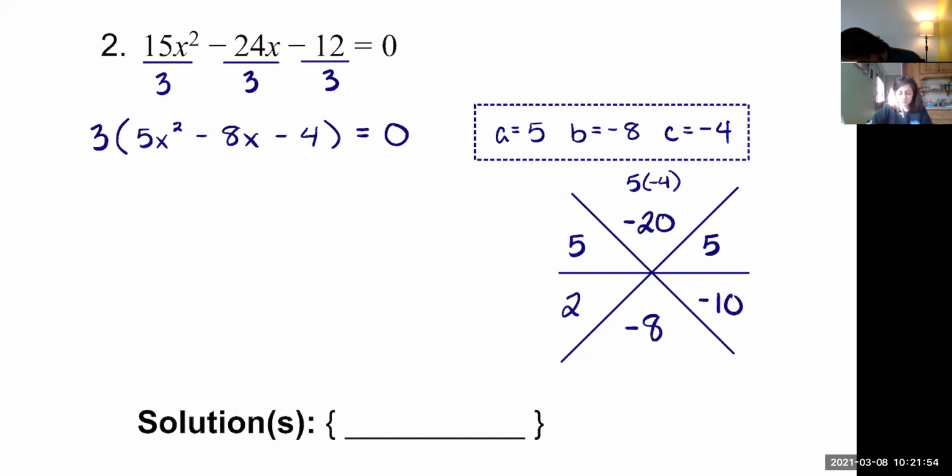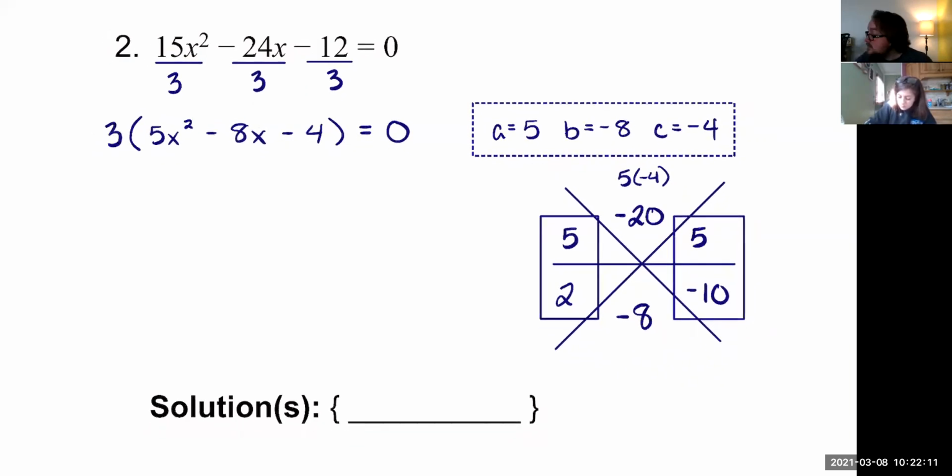Let's do a quick check. 2 times -10 is -20. 2 plus -10 gives me that -8. So that sounds good. We have our two pairs now. Do either of them simplify? Yes. Which one? 1 over -2 for the second, on the right hand side there. So taking out a 5, you get 1 over -2.